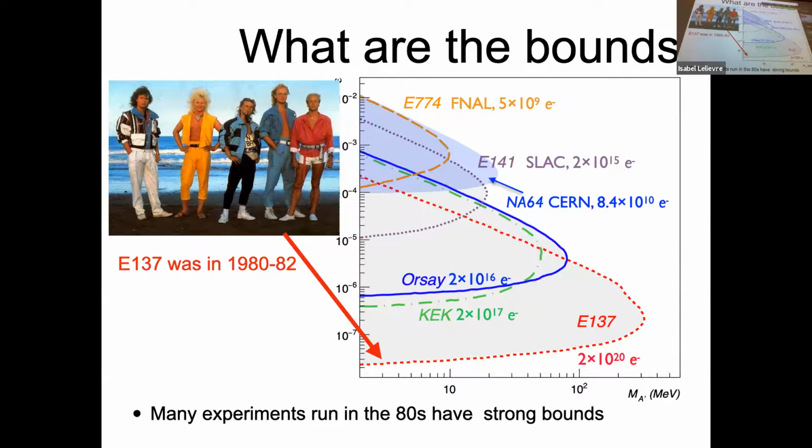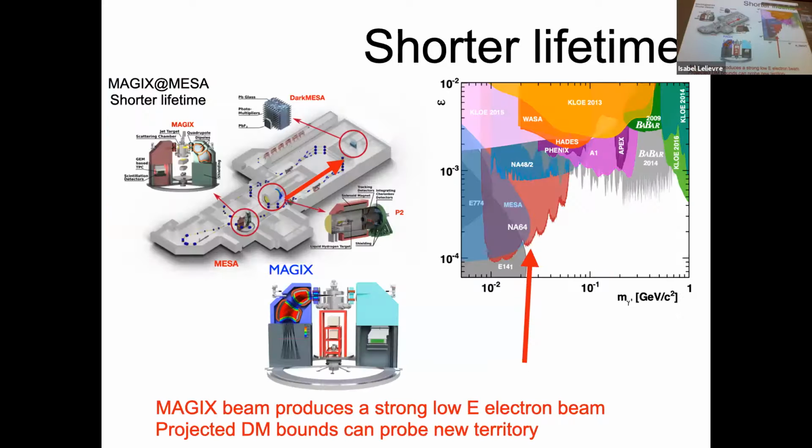So when we look at these dark photon plots where you see either the mediator mass or the dark photon mass, you see these bounds jutting out on the side. So these triangle bounds are all long-lived particle bounds, right? With the longest lived ones being this E137, which is a SLAC experiment.